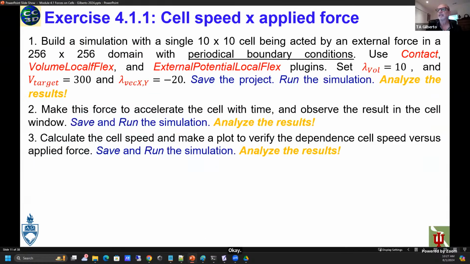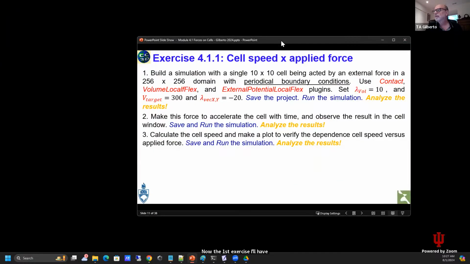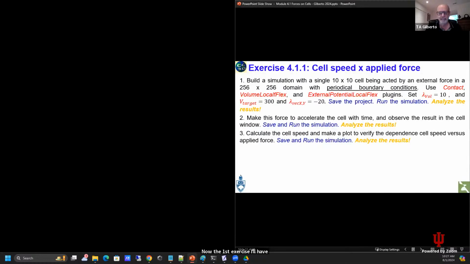So that's the content. Now the first exercise.